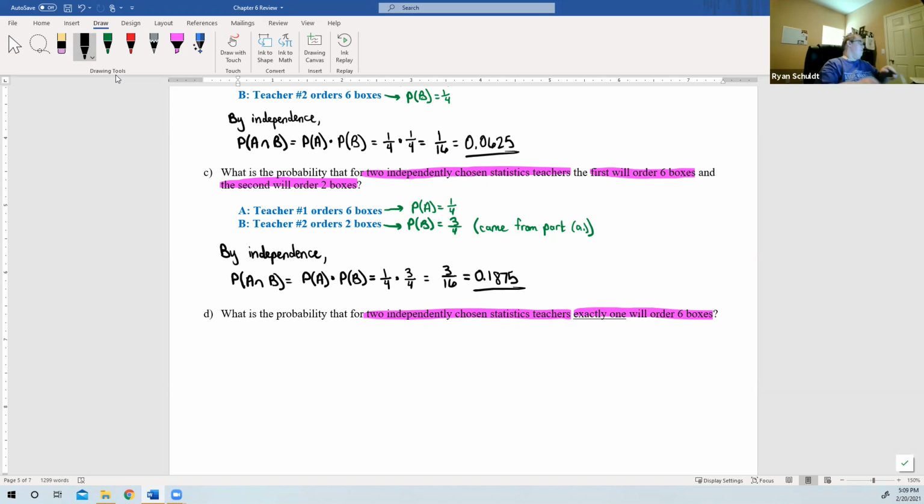So let's define events A and B as we did for part B. Meaning, event A is that teacher 1 orders 6 boxes. Event B is teacher 2 orders 6 boxes.